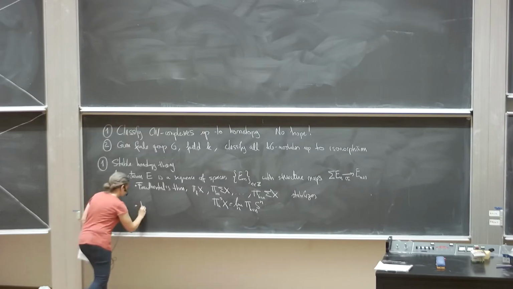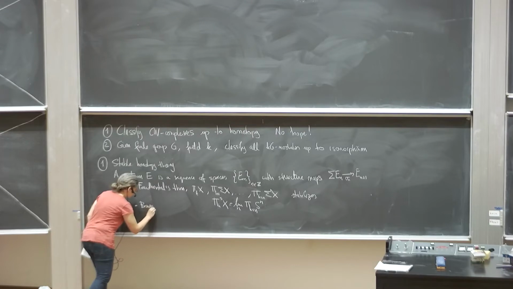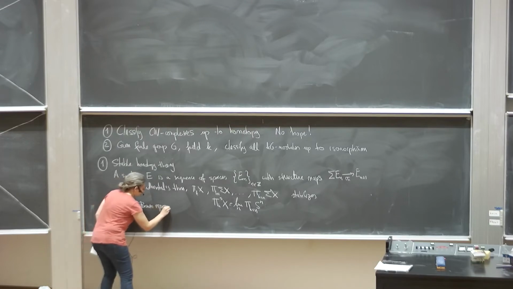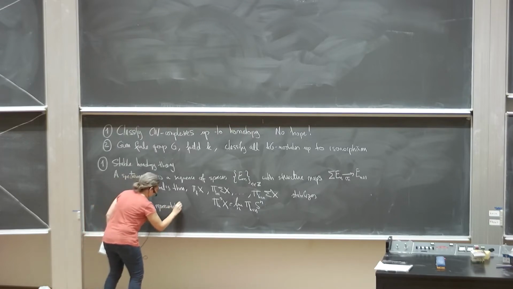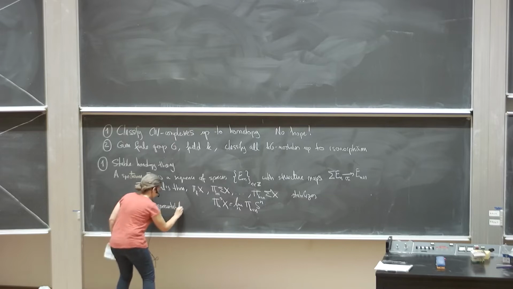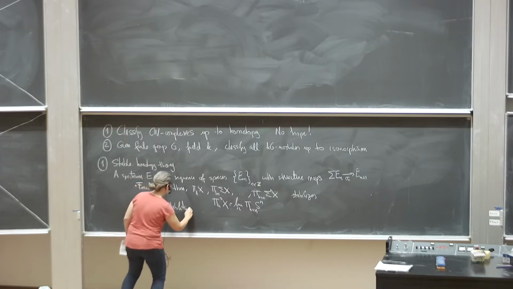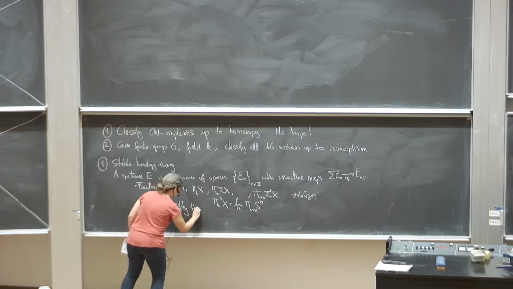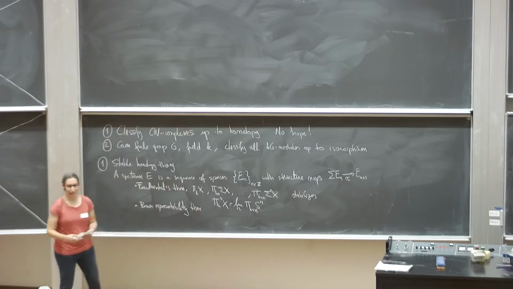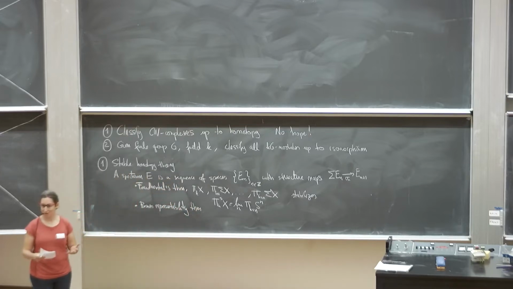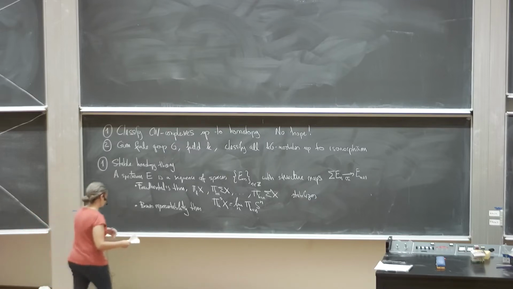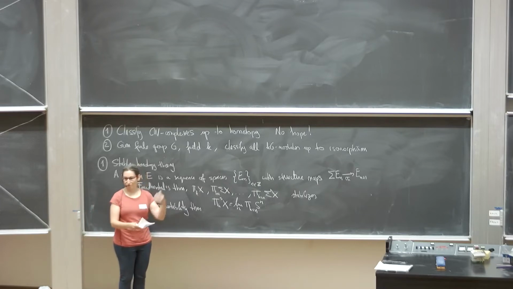Right? So there is this Brown representability theorem, which says that any generalized cohomology theory satisfying the corresponding axioms is represented by a sequence of spaces.